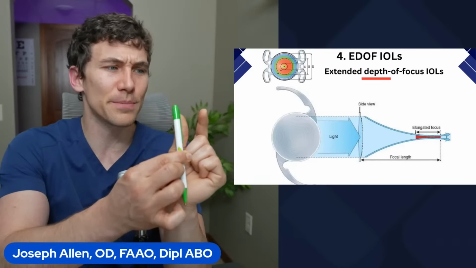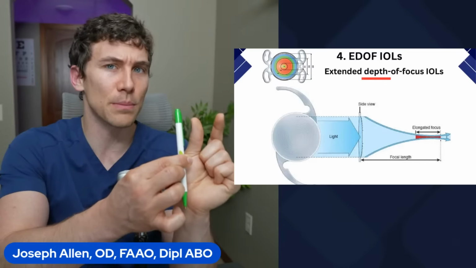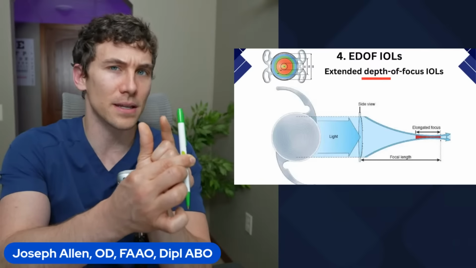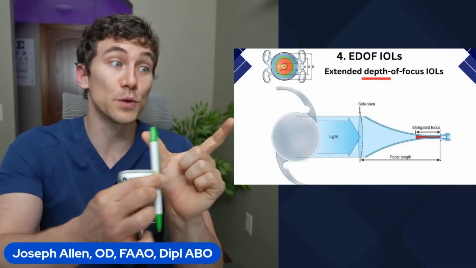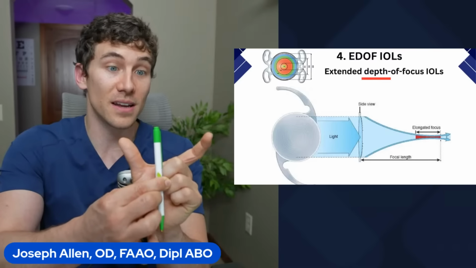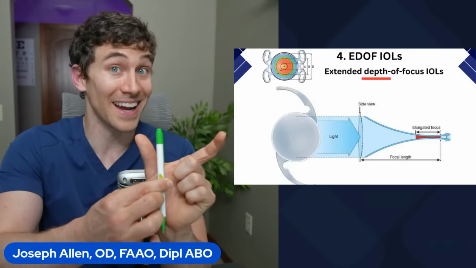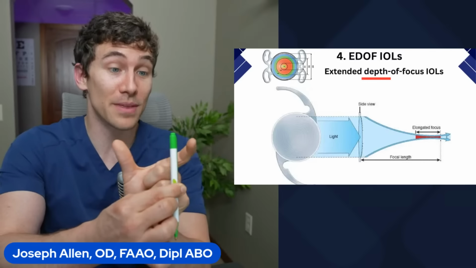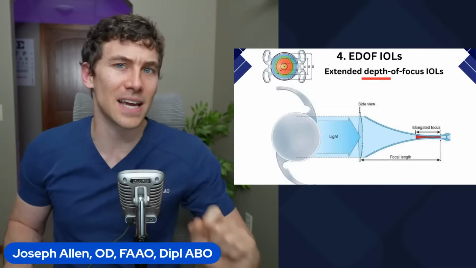But if I'm a little bit off, if I'm focusing in front of the pen, then the pen's going to be blurry. Or if I'm focusing behind the pen, it's also going to be blurry. But if I can improve this depth of focus, or the space between my fingers, then if I focus in front, as long as I'm still in that zone, I can see the pen clearly. Same thing going backward. It improves and expands that depth.